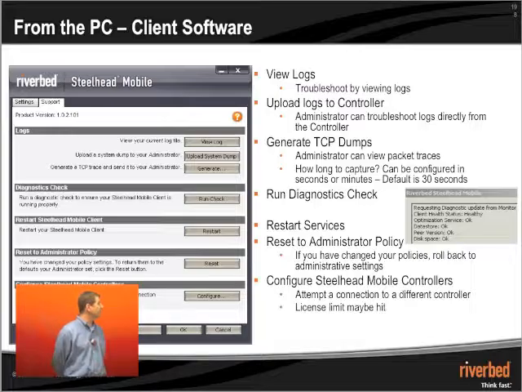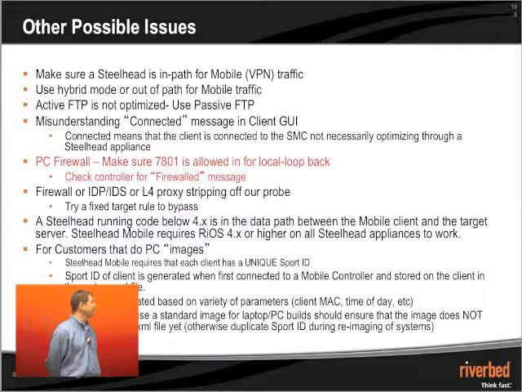Some other issues are the things that can happen on the Steelhead Mobile client. One of the biggest problems we run into is the PC firewall. Remember, by default, the PC firewalls are blocking port 7801, which is critical for Steelhead Mobile. So we need to make sure we go in and allow port 7801 so that we can optimize traffic.